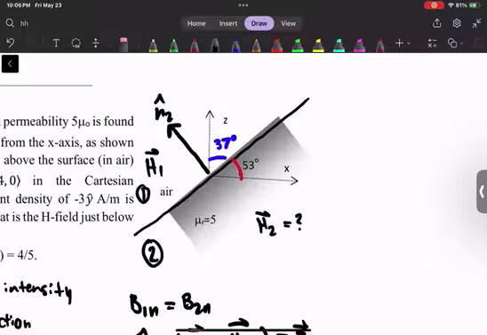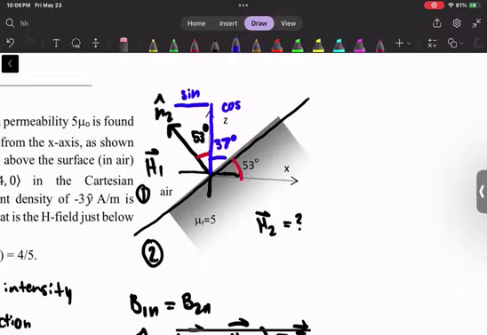We draw our axis here, and we know that this angle right here using trig is also 53 degrees. So to break this vector up, this is our cosine in the z direction, and this sine is going in the negative x direction.